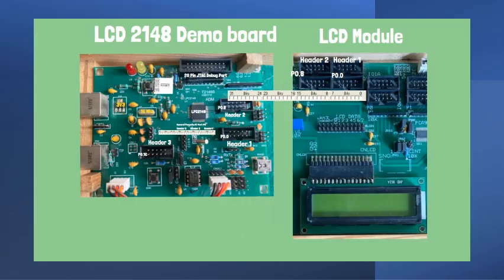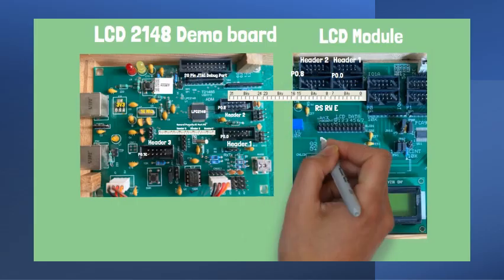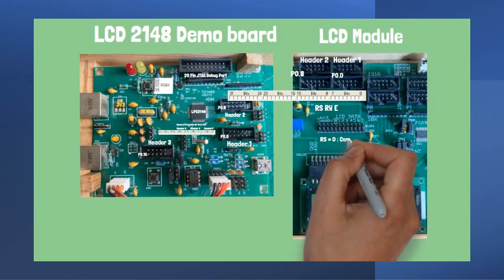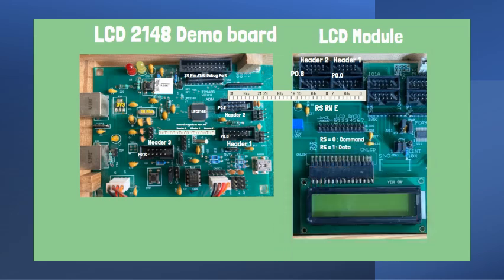The 3 control bits are register select, read write and enable. The 3 control pins configure the LCD controller to operate either in command mode or data mode. The LCD controller accepts 8-bit binary data and maps these binary numbers to display printable characters. It can display 32 ASCII characters in 2 rows, with 16 characters on each row.